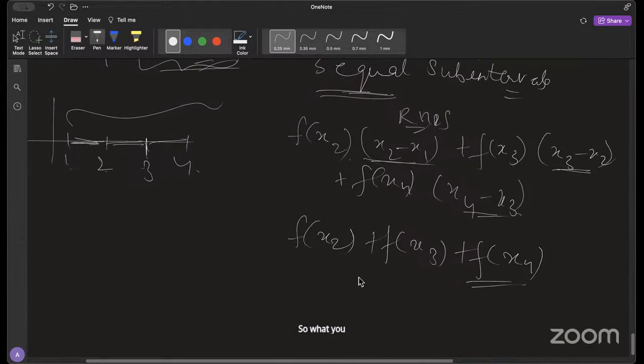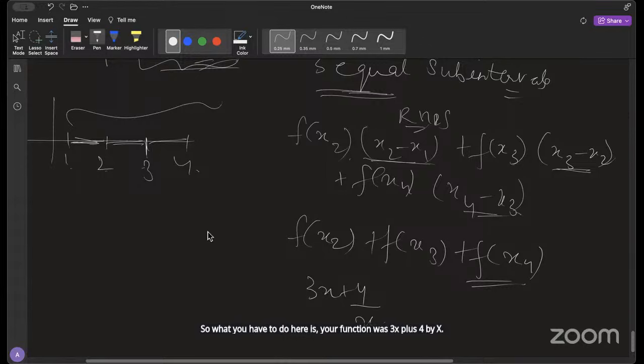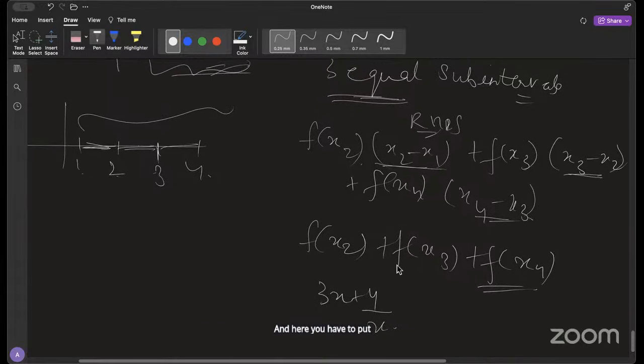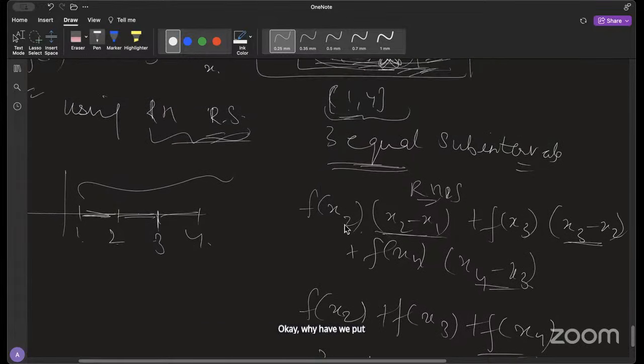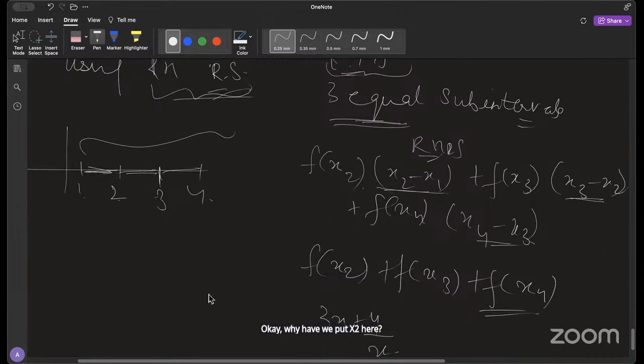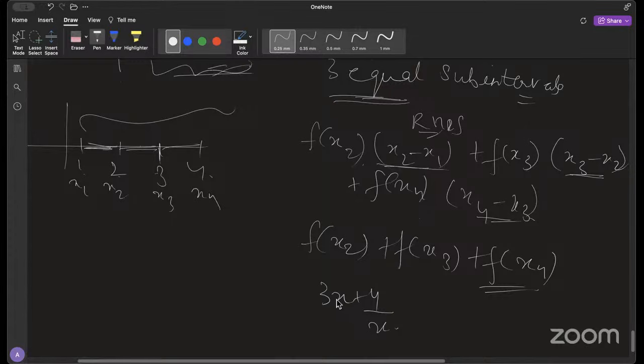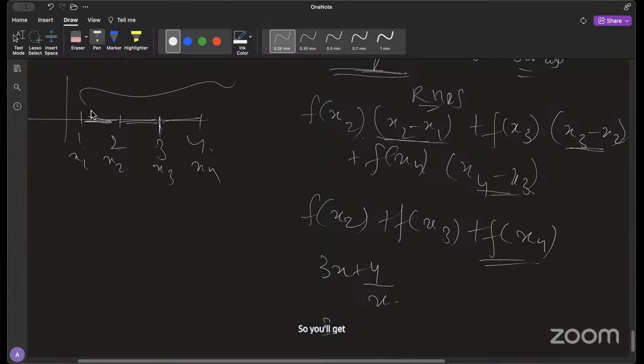So what you have to do here is, your function was 3x plus 4 by x. Why have we put x2 here? Because this is x1, this is x2, this is x3, and this is x4. So you have to put 2 here. You'll get 3 times 2, which is 6, plus 4 by 2, which is 2 only.